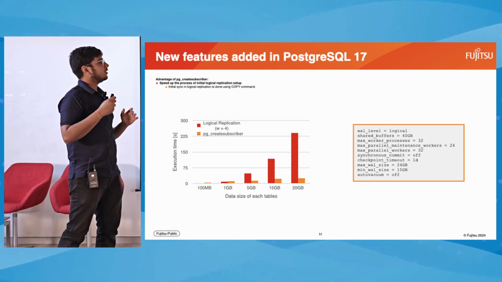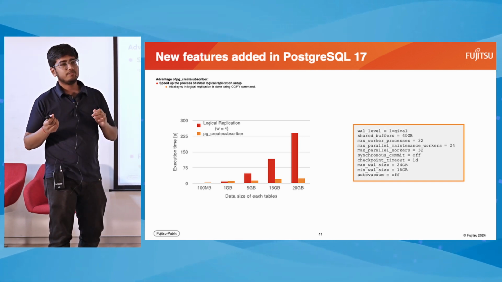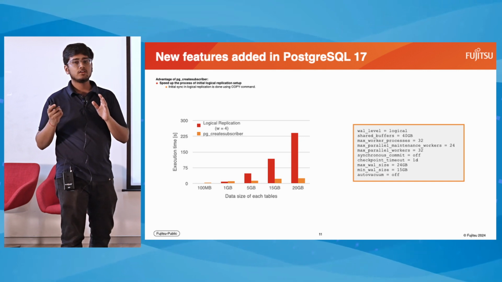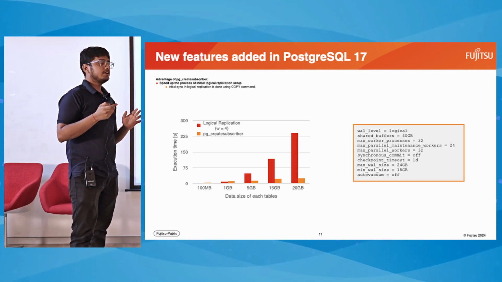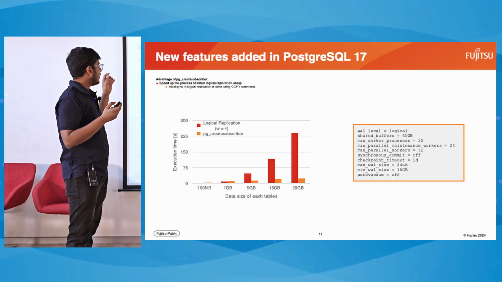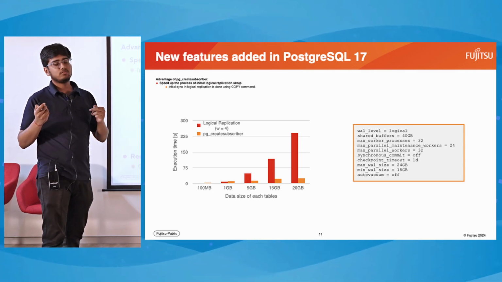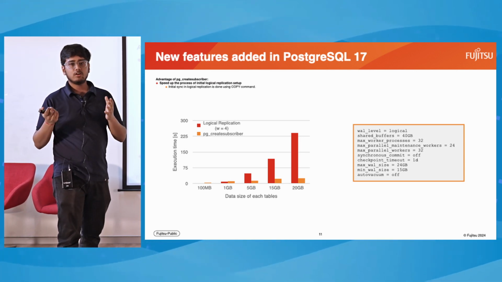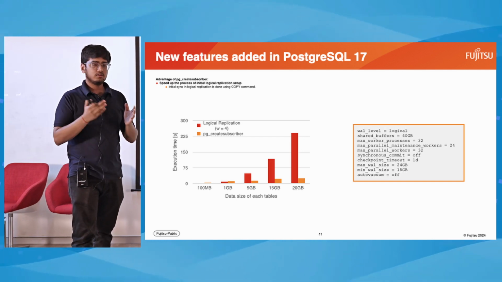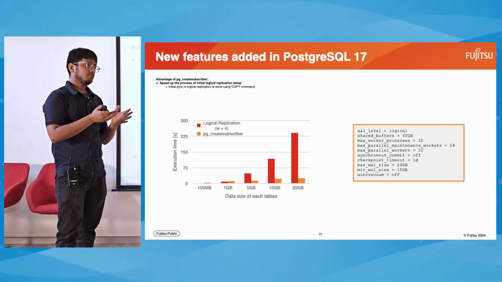Suppose our primary cluster has a large amount of data. In that case it can take a lot of time, so we can use pg_createsubscriber. To use it, we will first set up a standby, that is, streaming replication.